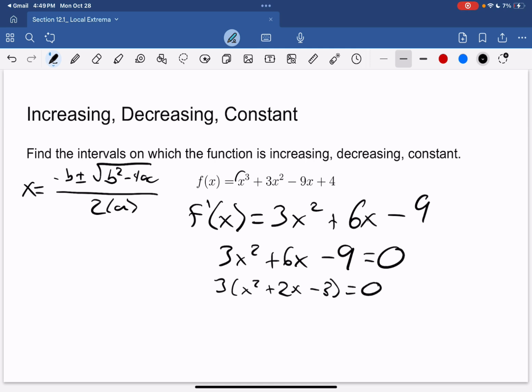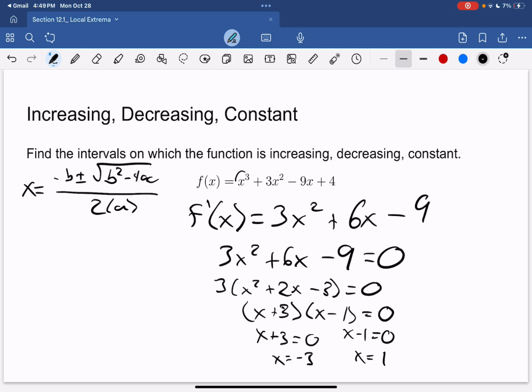Now I'm looking for numbers that multiply to give me negative 3 but add together to give me positive 2. That would be x plus 3 and x minus 1. Each of those needs to be equal to 0, so x plus 3 equals 0, so x equals negative 3. And x minus 1 equals 0, so x is 1.